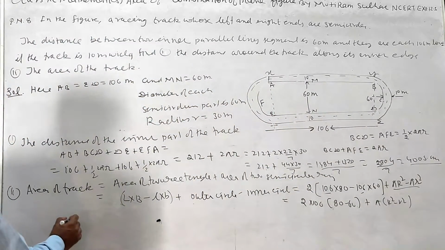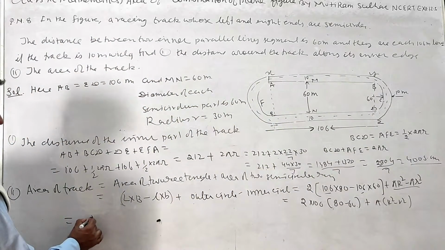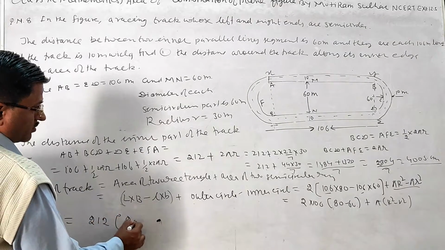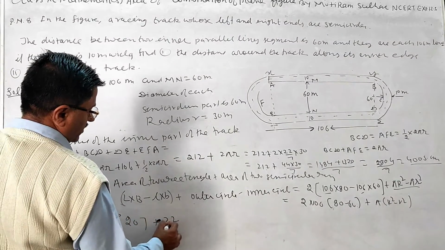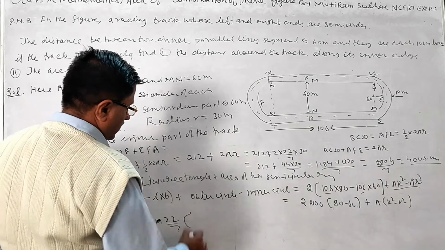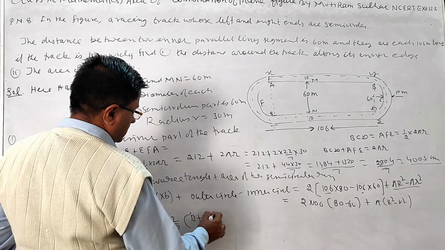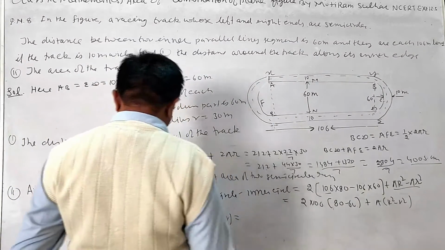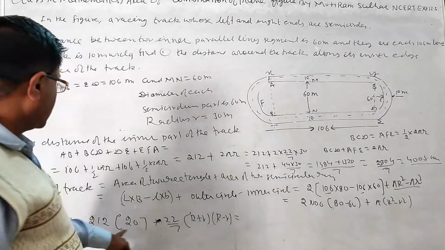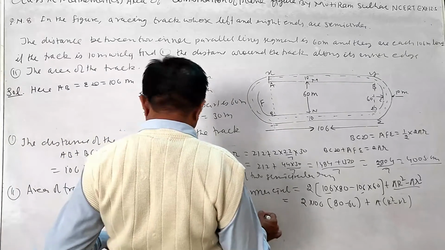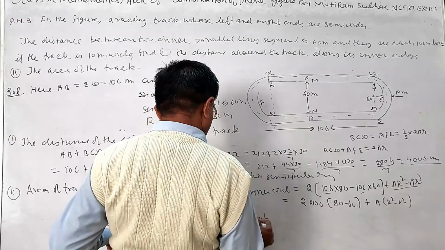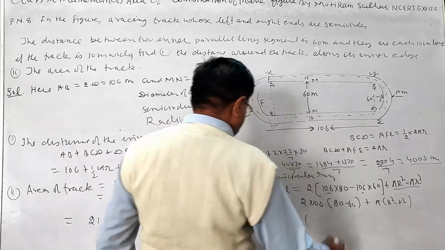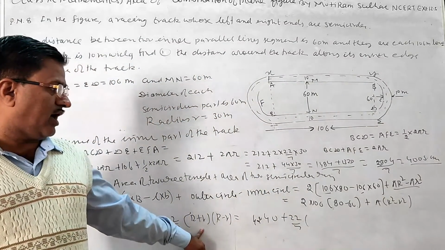So I am writing 2 into 106, that is 212, 80 minus 60, 20, plus pi, 22 by 7. Now you can use formula a square minus b square. So here see 212 multiplied by 20, that is 4240 plus 22 by 7. Now R plus r into R minus r.